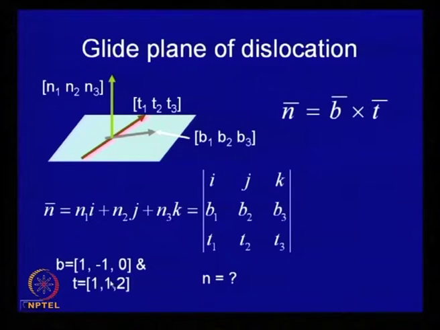Now, let us look at the case where B is equal to 1 bar 1 0, and the direction T represents the Miller indices 1 1 2. In that case, what will be this glide plane? You can simply substitute and find the determinant, and in fact, possibly this was done in the last class.